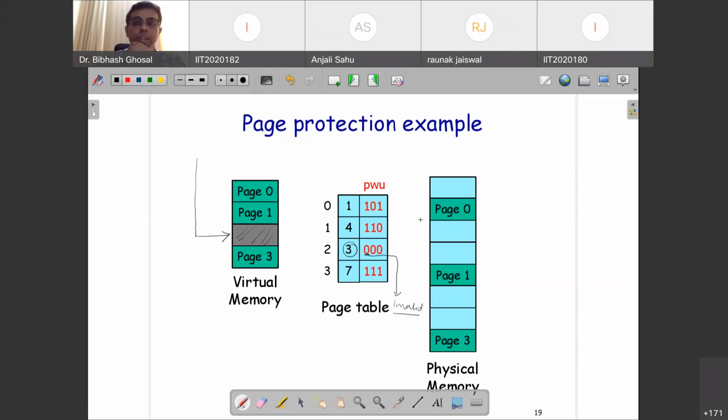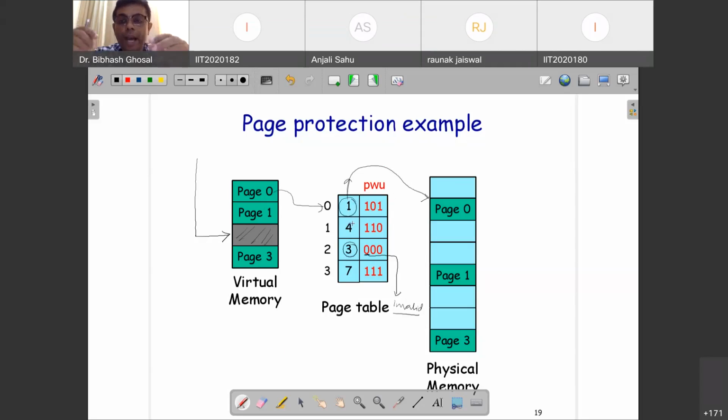Let's take an example. Page number 0 corresponds to entry number 0 of the page map table, and entry number 0 contains a frame number 1. So this will take you to frame number 1, the base address of this. Good.